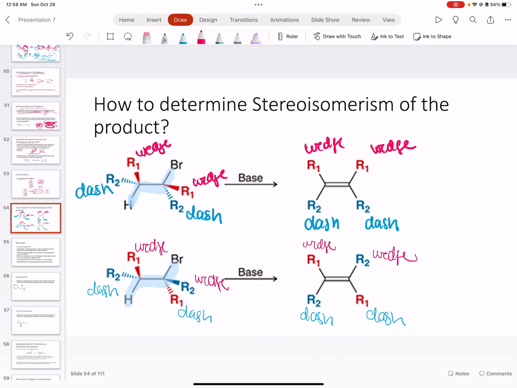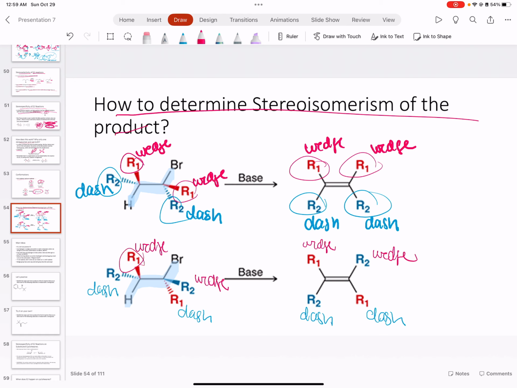So how to determine stereoisomerism of the product? I just did the same thing in here as I did in here. You can see my R1 is on a wedge, so I put them on the same side. This one is on a dash, so I put them on the same side, or same side down.